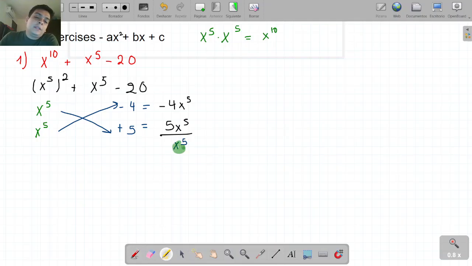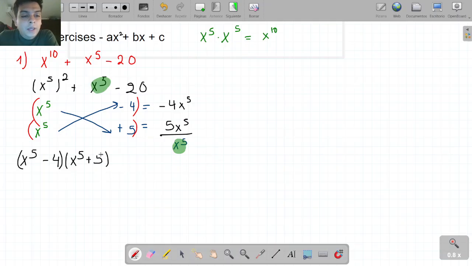This thing, ladies and gentlemen, is the same as we have in the middle, which means that in the middle we are going to have these two factors. We are going to have x to the power of 5 minus 4, x to the power of 5 plus 5. And we are finished the exercise.